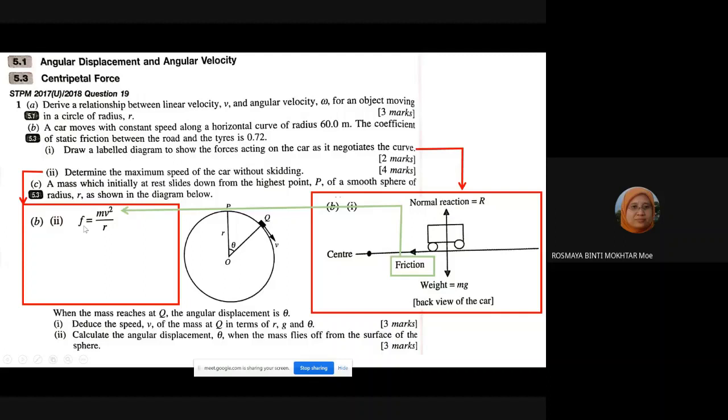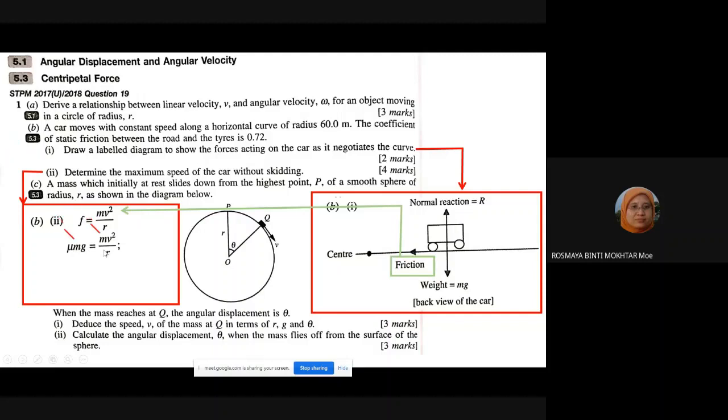Remember that centripetal force is the resultant force. From all of this, the resultant force comes only from friction. So friction equals mu R, and R equals mg, because the car doesn't fly and the ground doesn't collapse. So they are equal, R equals mg, and the car maintains moving in a horizontal circular motion. So in mu R we substitute mg for R, and we get this equation.